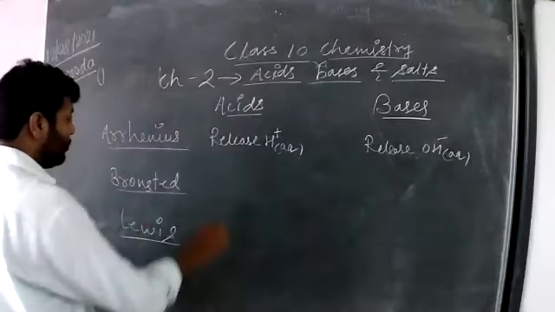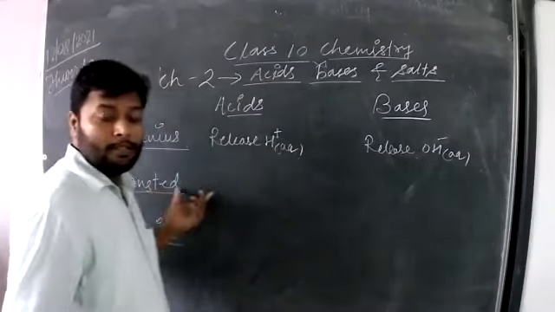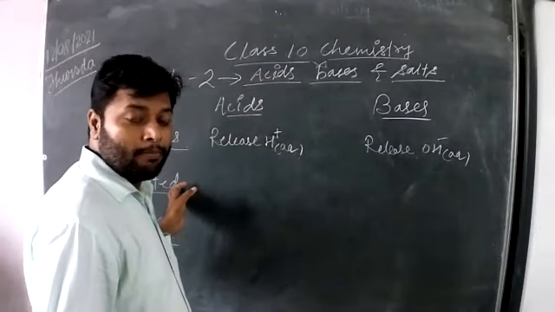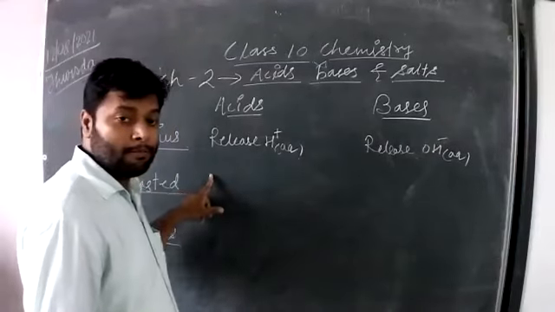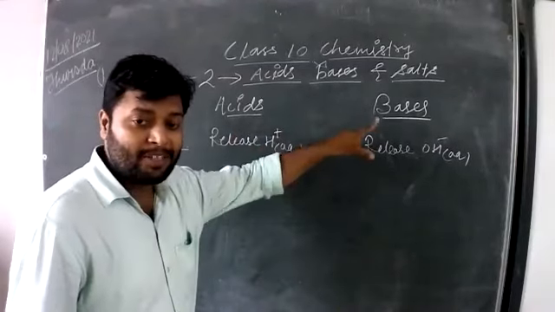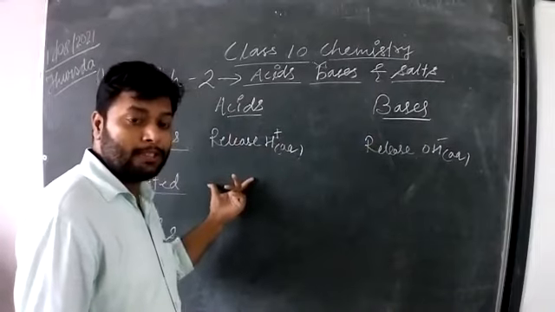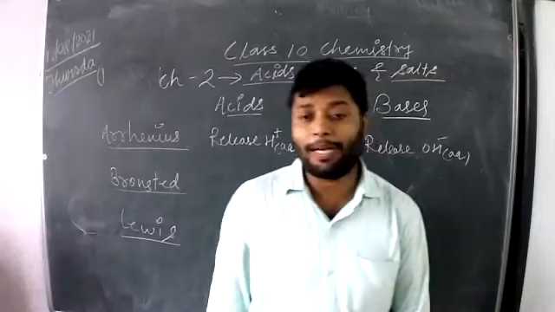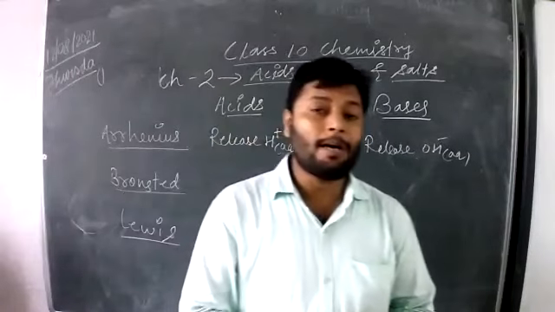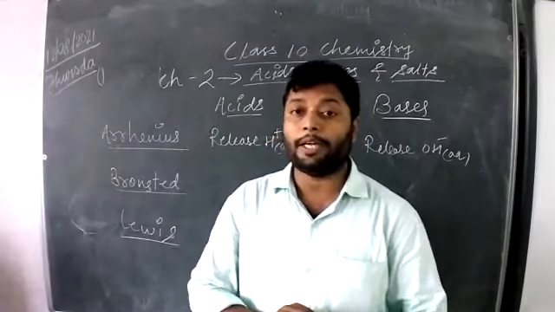In the same way, Bronsted gave a definition that agrees with Arrhenius for the acid, but the concept of base has been changed. Students, you have to learn the concept of pH also, given in your book.